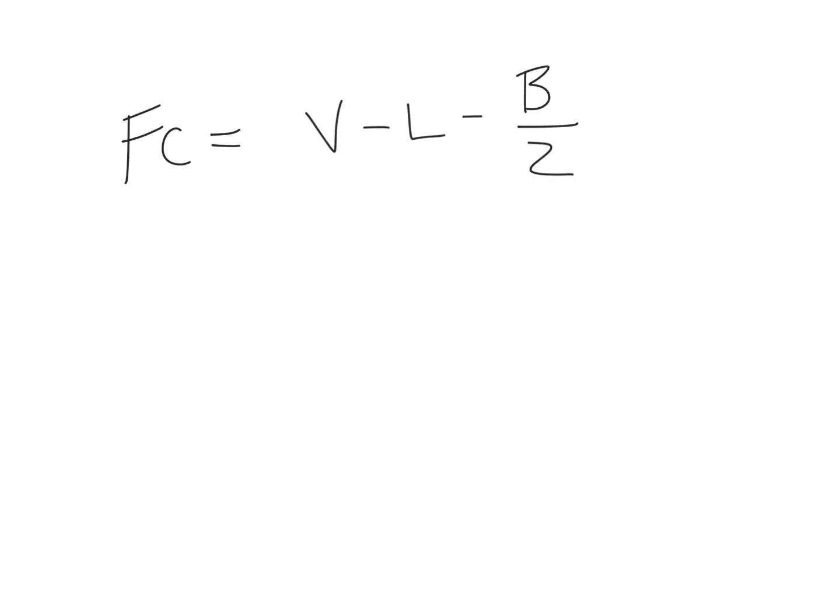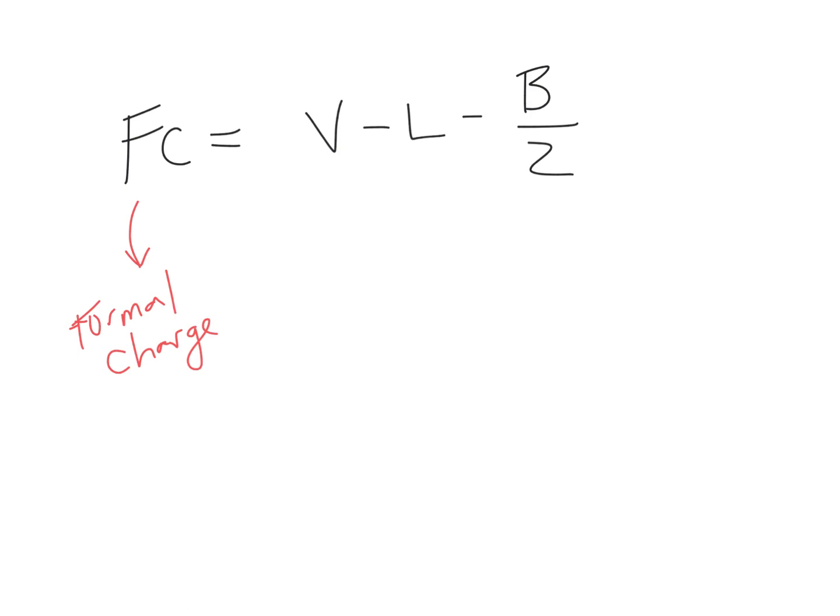This FC refers to formal charge, and formal charge is a value that looks like a charge, like +1, +2, -1, -2, or 0. It looks like a charge, but it's not actually a charge.